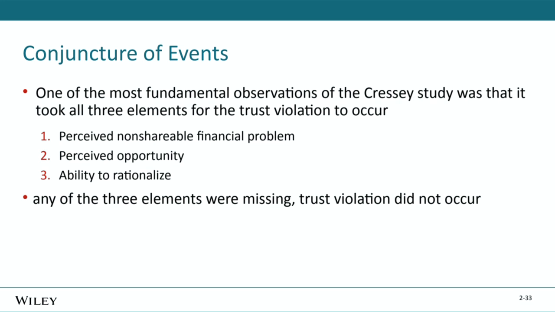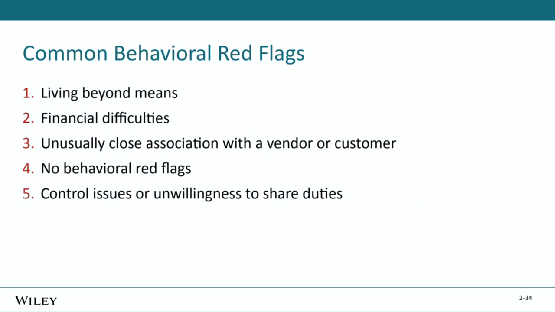Moving on. Common behavioral red flags. Okay. So red flags, those things we look for to see if it might tip off that something's going on. Again, living beyond your means, financial difficulties, unusually close association with vendors or customers. There's also the idea that there may be no behavioral red flags.